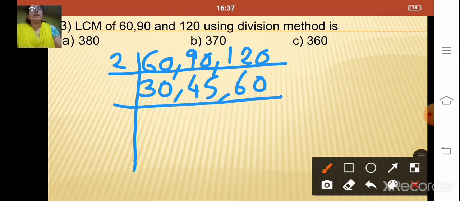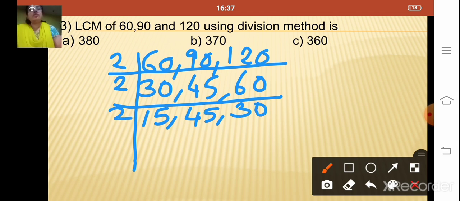Now again this 30 and 60 is divisible by 2. 45 we will write as it is, 30. Now here 30 is divisible by 2. So 15 we will write as it is.